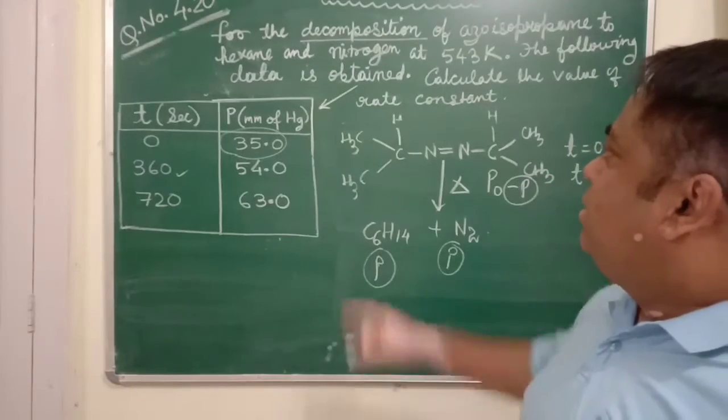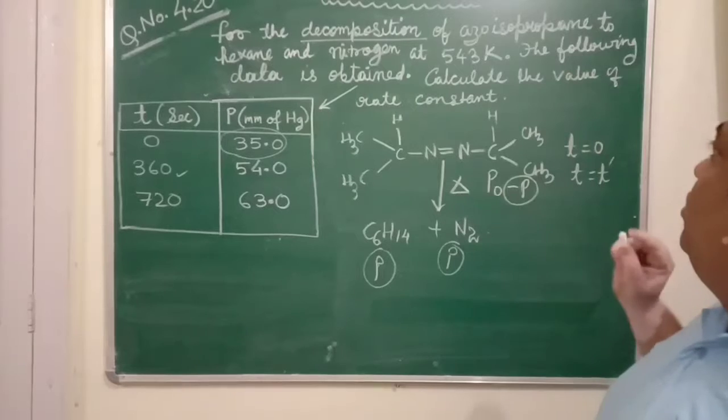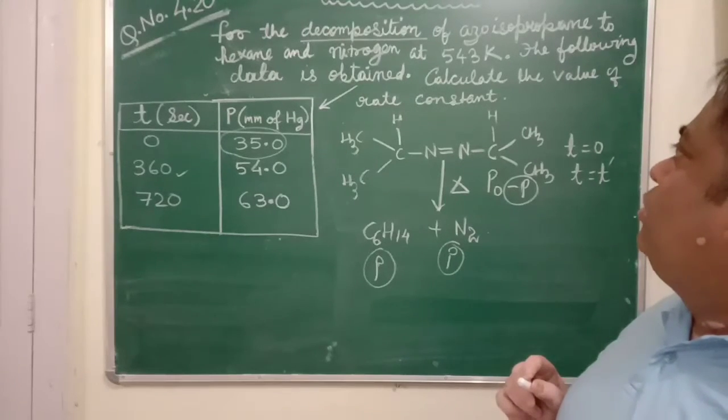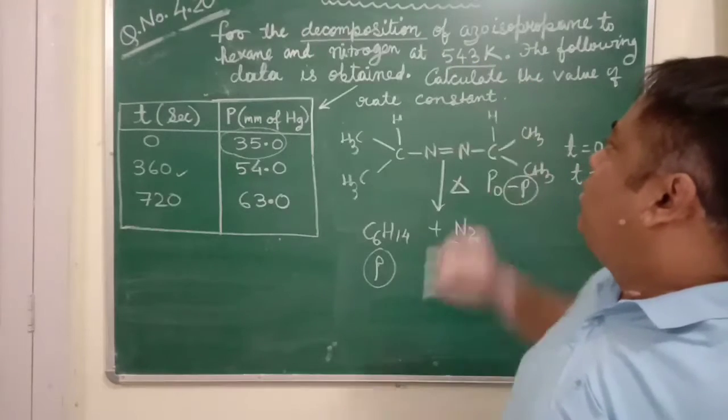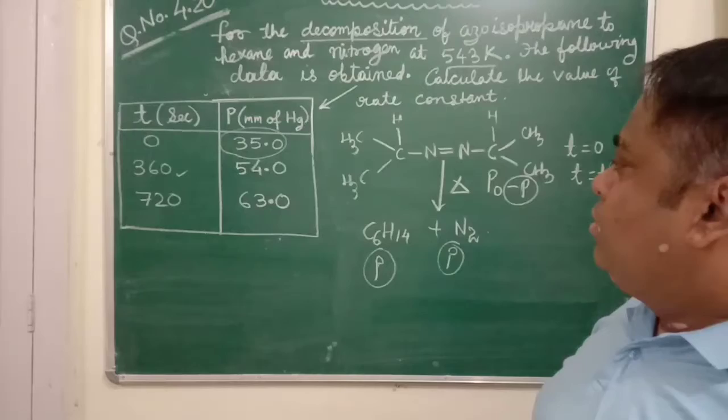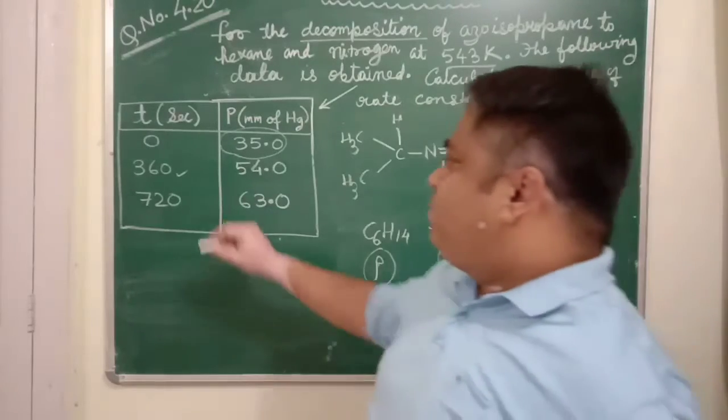Now the question says for decomposition of isopropane to hexane and nitrogen at 543 Kelvin, the following data is obtained. So 2 sets of experiments had been done.